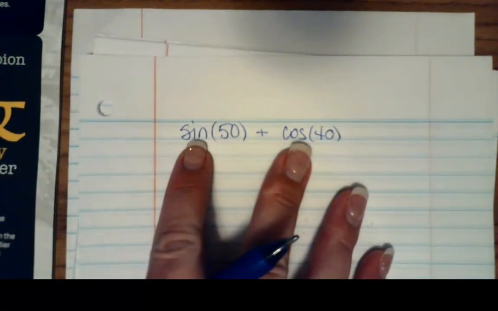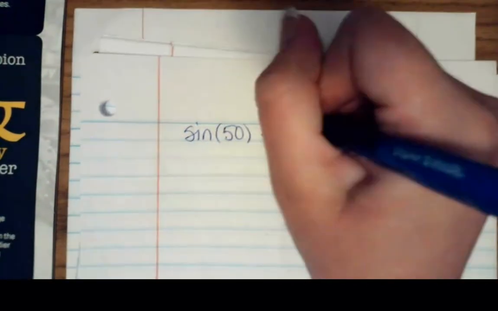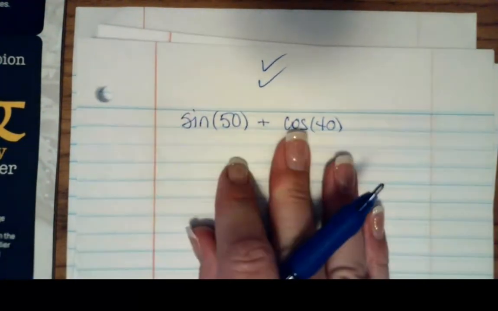I have cofunctions. So what that means is I look first at the angle measures. Are these angle measures complementary? Yes, they are. Are these trig functions cofunctions? Yes, they are.